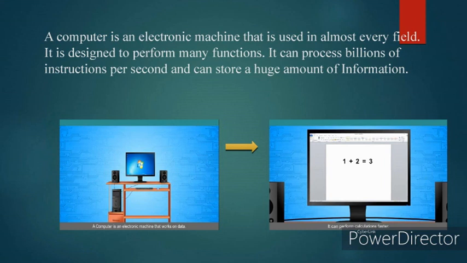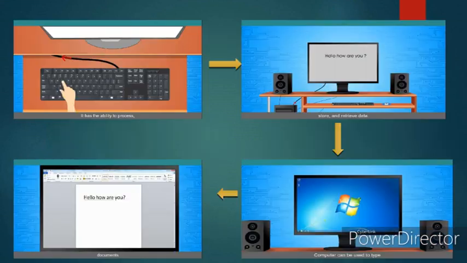Just like I have given the example, see the figure. A computer is an electronic machine that works on data. It can perform calculations faster. It has the ability to process, store and retrieve data.